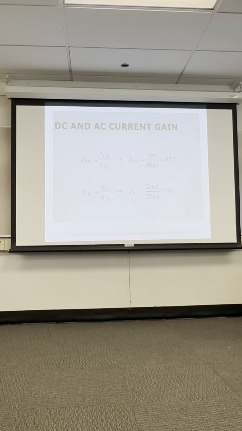The AC beta, when we take delta I sub C and delta I sub B, is around 100. These are basically close enough that when you're working with the circuit, you probably just assume that the manufacturer is giving you the AC beta information.